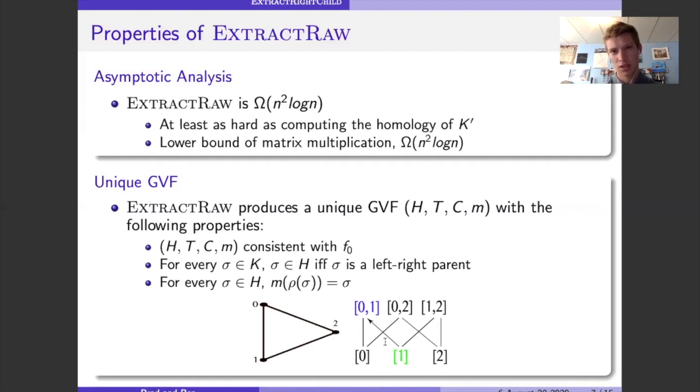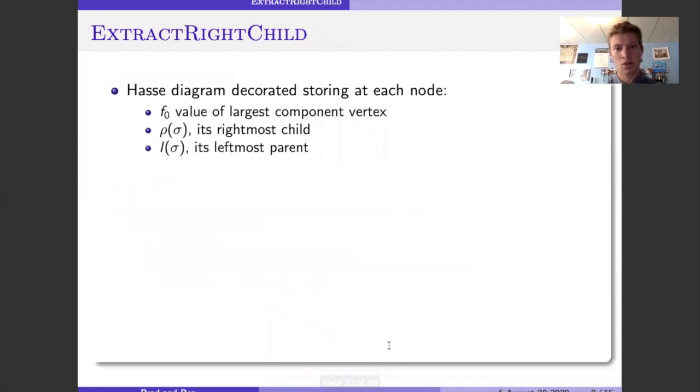So if we were thinking of this as being ordered from left to right, our smallest leftmost parent is always going to be paired with its largest rightmost possible child. And every single arrow in this gradient vector field is going to have this property. So knowing this, we can just go in and design an algorithm that exploits this property instead of using all of these expensive lower link calls.